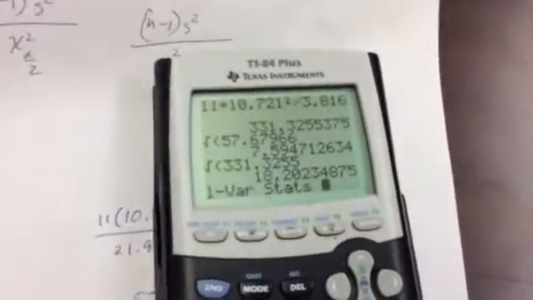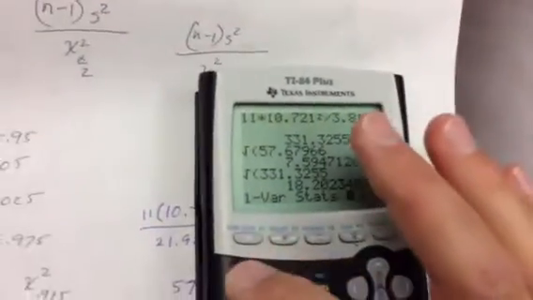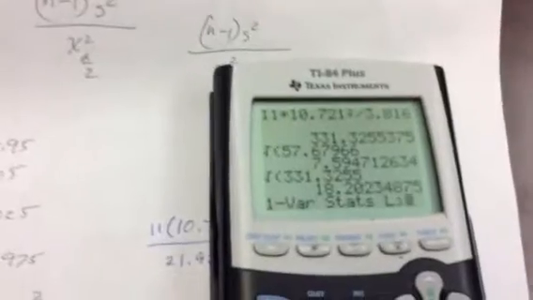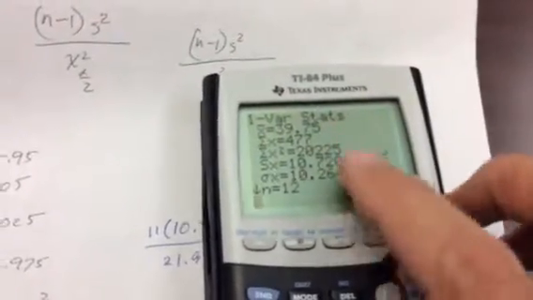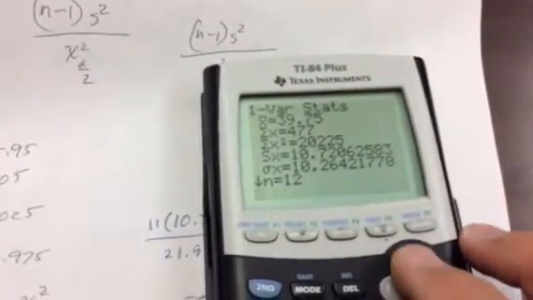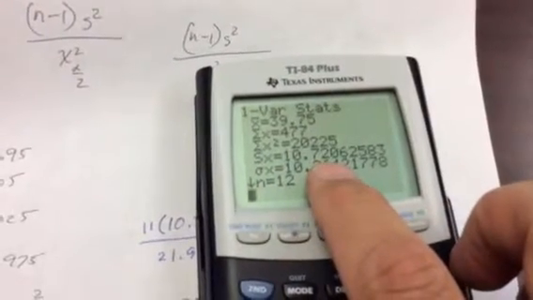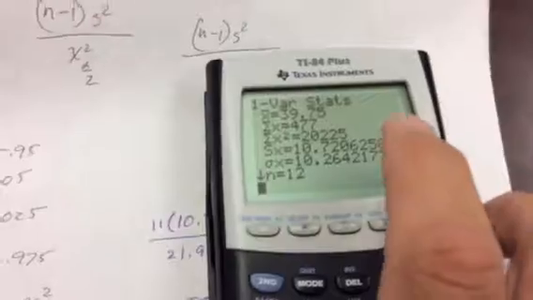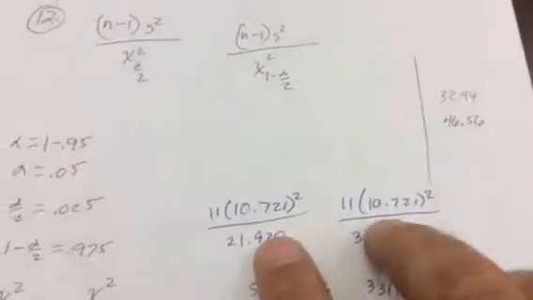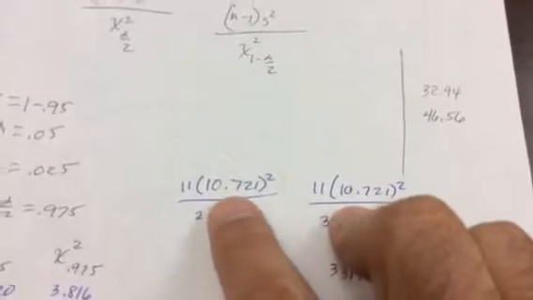And then I have to tell the calculator where that's at. And since mine's in list 3, I have to tell it list 3. And again, this is something we did back in chapter 3. And there's your S, 10.721 basically. So that's where these numbers are coming from in the formula.